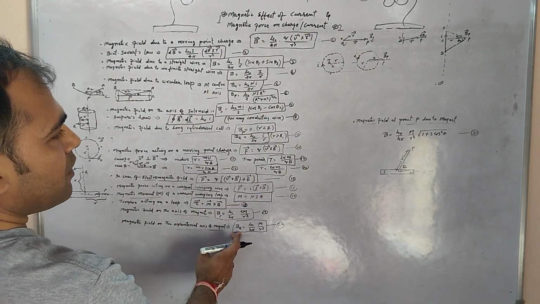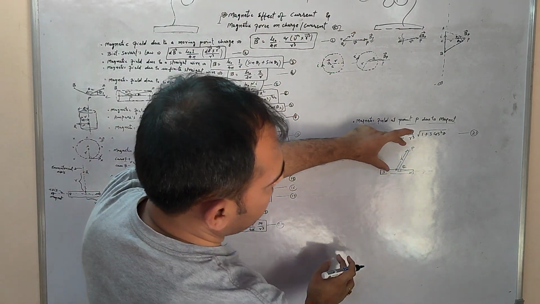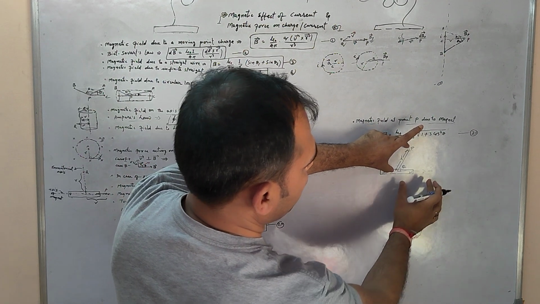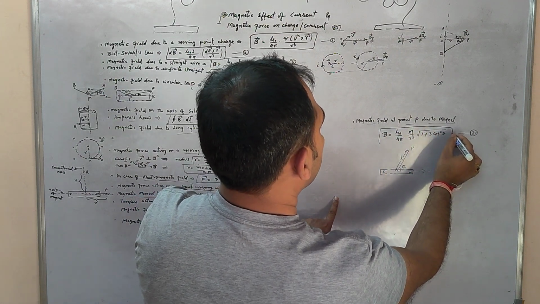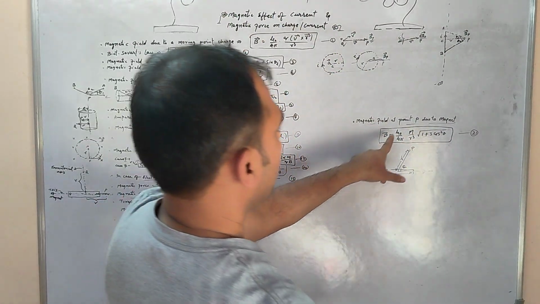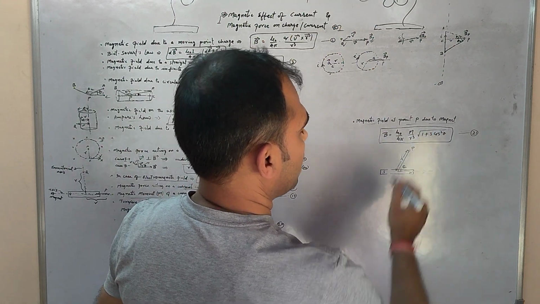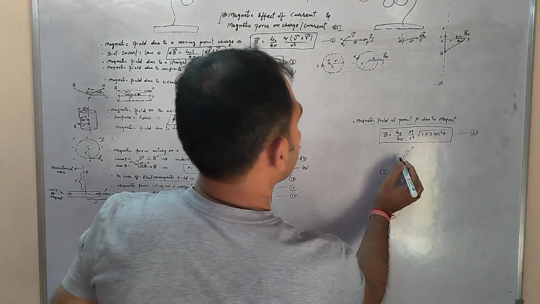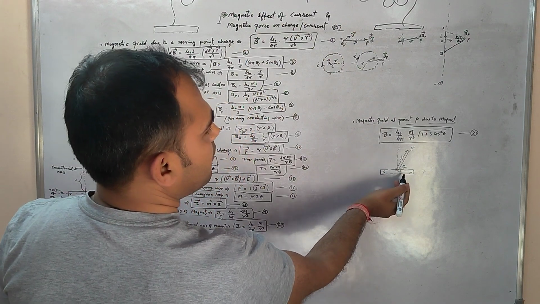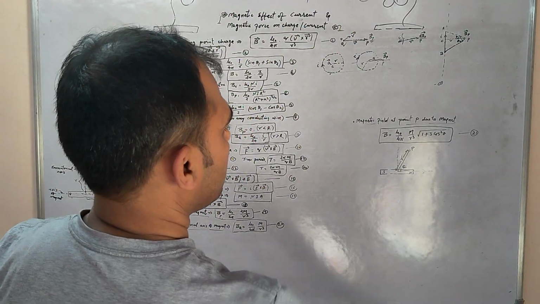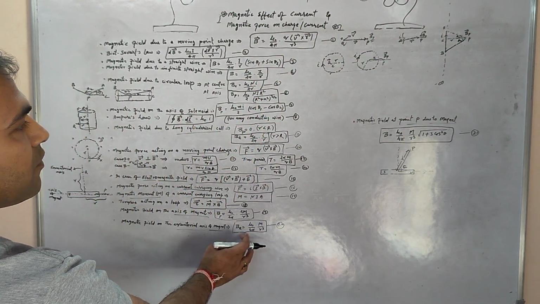Here it was perpendicular on the equatorial axis, but here it is not perpendicular but making angle theta with the axis of the magnet. Then the magnetic field B will be mu naught upon 4 pi, m by r cube, root of 1 plus 3 cos square theta. For the equatorial axis, theta will become 90 degrees, so this will become 0 and you will find the value of this.